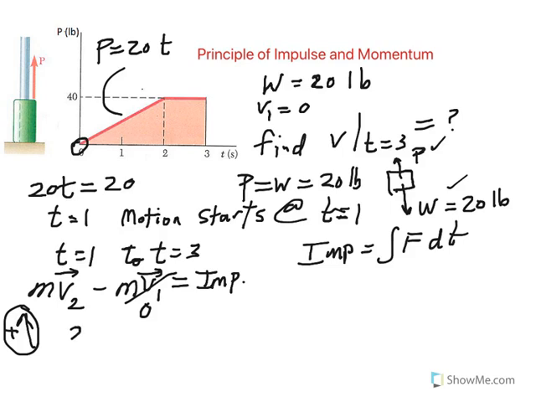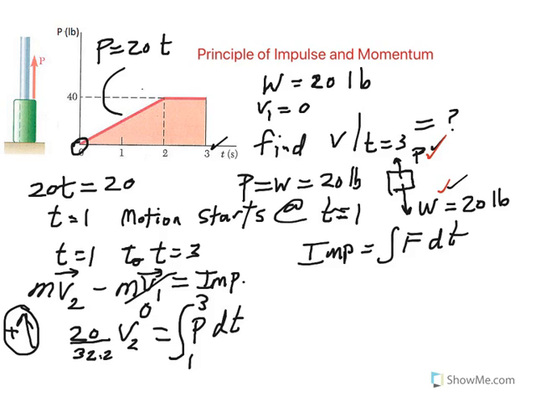We have the mass, 20 divided by 32.2, and then velocity v2, the velocity at t equals 3 seconds that we want to find, equals the impulse. What impulses do we have? We have two forces here, the impulse of P and the impulse of the weight. The impulse of P has to be done by integration because the load is changing, and the limits of the integral are from 1 to 3 seconds as shown earlier.